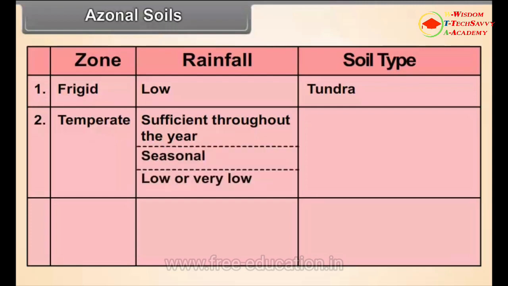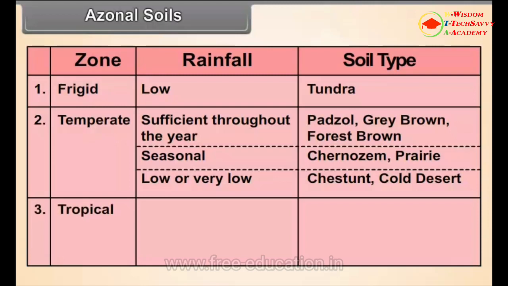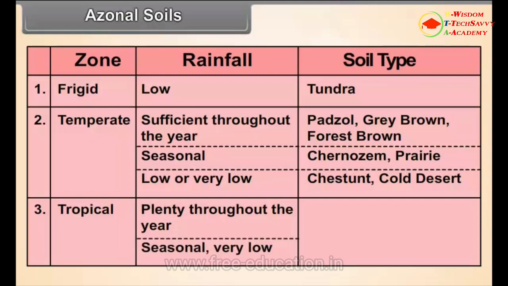Soil type, podzol, grey-brown, forest brown, chernozem, prairie, chestnut, cold desert. Zone, tropical. Rainfall, plenty throughout the year, seasonal, very low. Soil type, tropical red, laterite, regur, red desert.